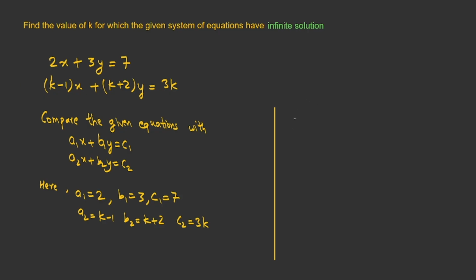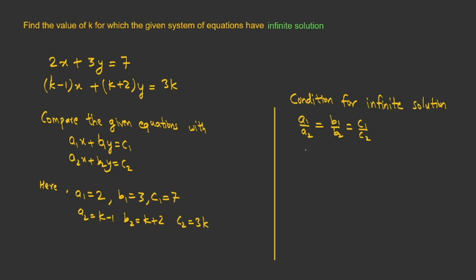Now you have the condition for infinite solution. आपको कंडीशन पता है. Condition for infinite solution, so that is a1 upon a2 is equals to b1 upon b2 is equals to c1 upon c2. आपको ये भी पता है इनफाइनाइट सॉल्यूशन कब आता है, जब दो लाइंस एक दूसरे को ओवरलैप करती हैं, कोइंसिडेंट लाइंस होती हैं.